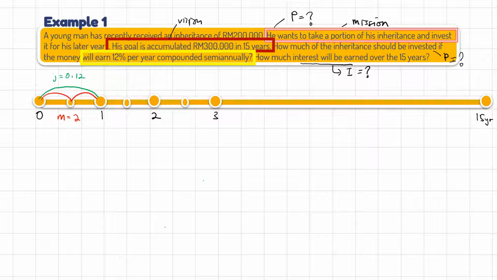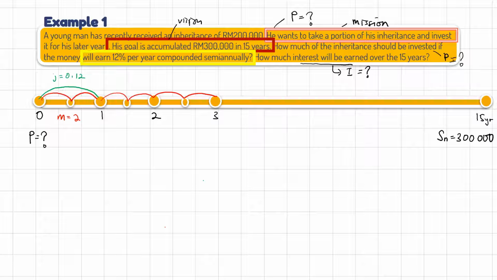And it will be the same for the following years until 15 years. So let's write the information on the timeline. At 0 we have P, which is some amount of money that we don't know. But we know that our S here will be equal to 300,000 ringgit. This is his vision.